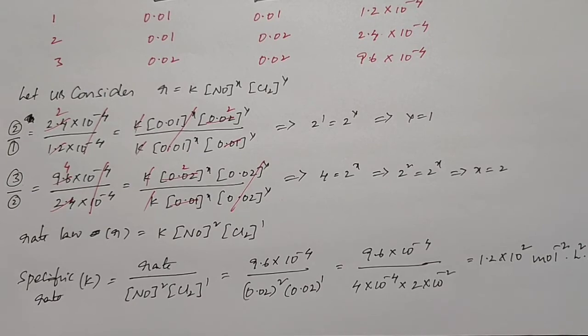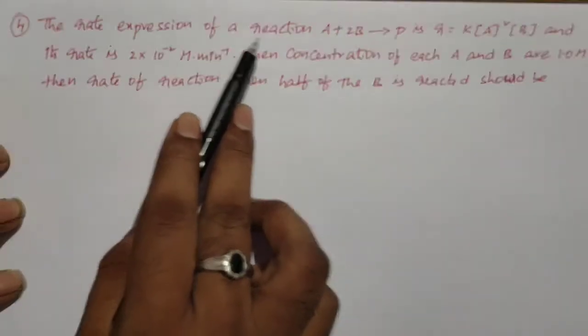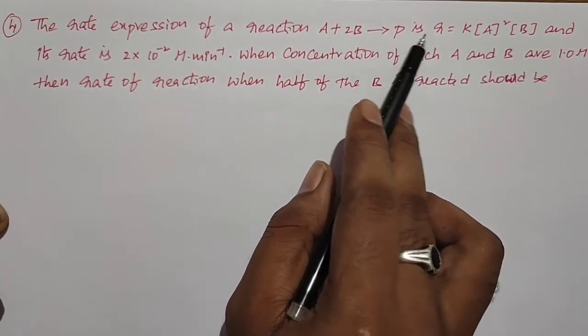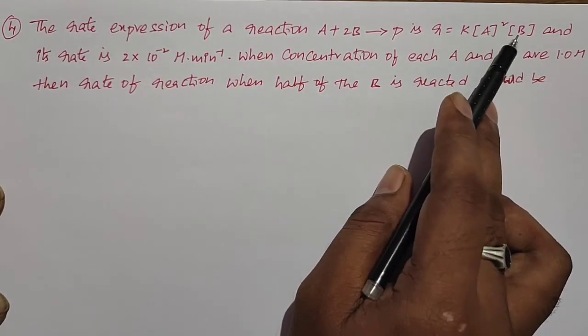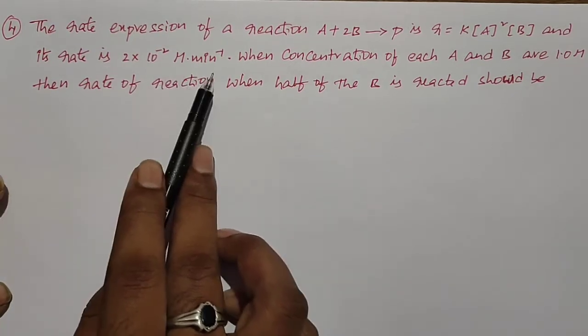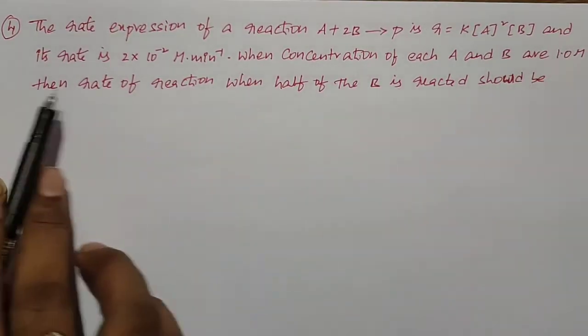Okay, next example. Question based on the rate law. The rate expression of a reaction A plus 2B gives products is R is equal to k into concentration of A power 2 into concentration of B, and the rate is 2 into 10 power minus 2 molar minute inverse when the concentration of each A and B is 1.0 molar.